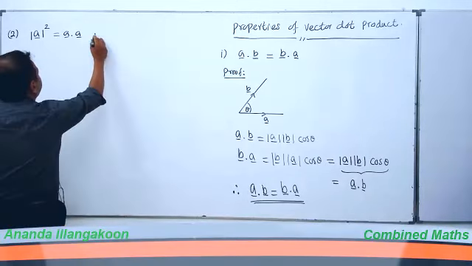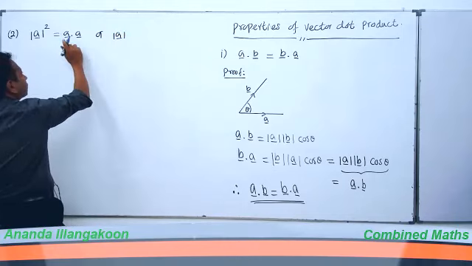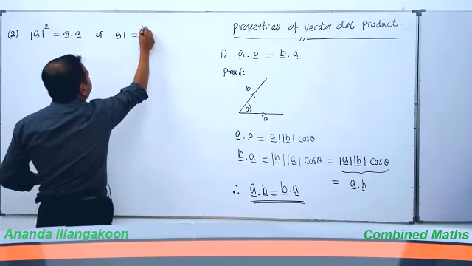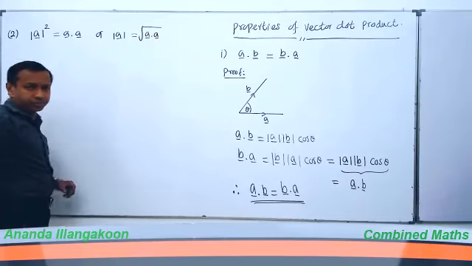Or we can write modulus of A is the square root of A dot A. This way.